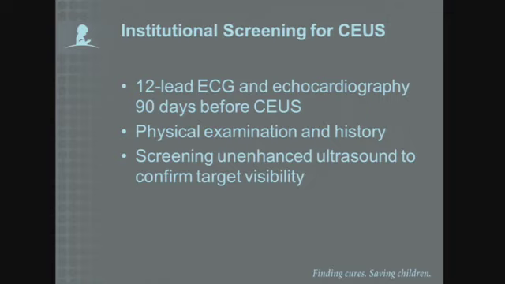We also required all of our patients to have a physical examination and complete history to exclude the possibility of any past cardiac surgery or any other cardiac abnormality. And we did perform screening ultrasounds on all of these patients to make sure that we were able to visualize the target lesion of interest on non-contrast ultrasound before administering a contrast agent.